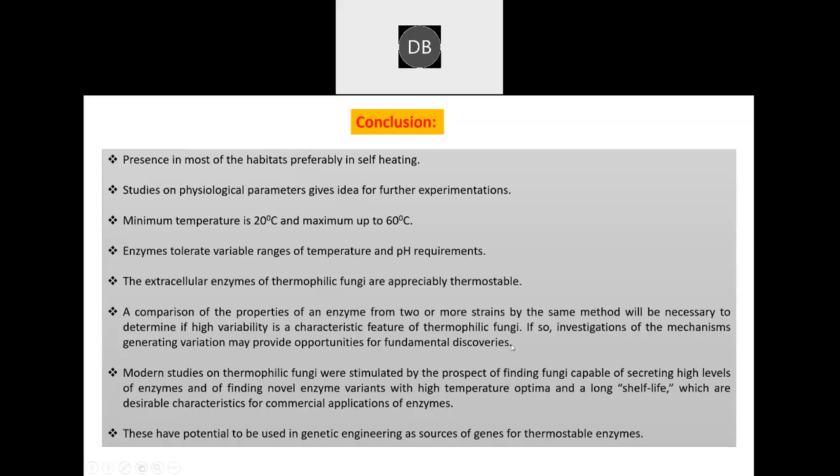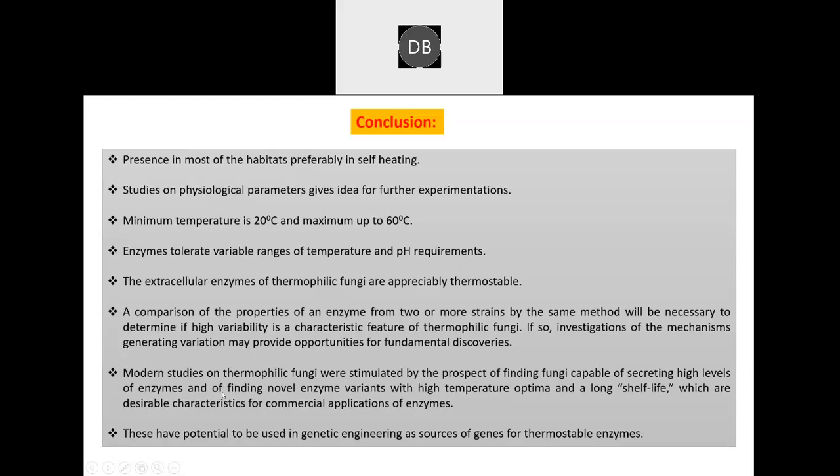Two different species can be studied for the same source of enzyme, and the same can be studied for variations. Then, if so, investigations of the mechanism generating variations may provide opportunity for fundamental discoveries.